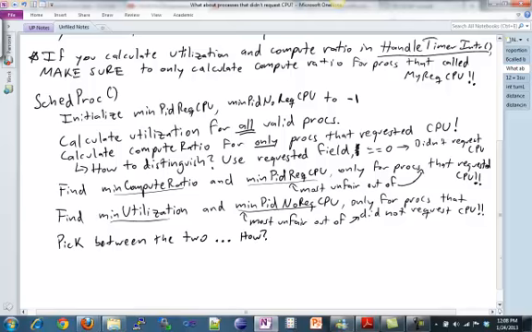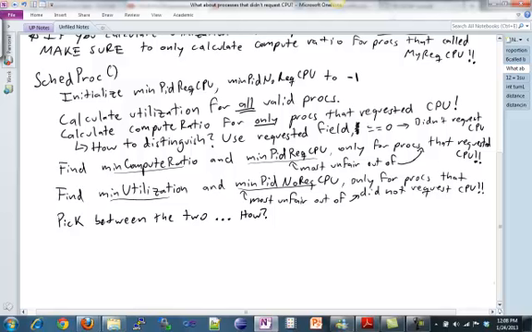Well, there's a couple cases we can look at. Here's one. If the minimum compute ratio, the one belonging to the most unfair process out of the ones that did request, is less than 1, then that means that that process has gotten less than what it asked for. Remember from video 1.